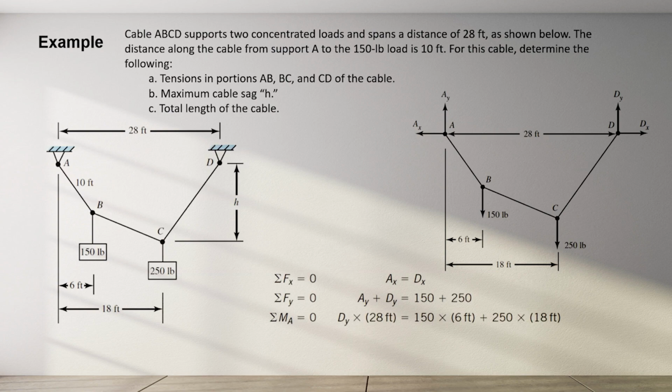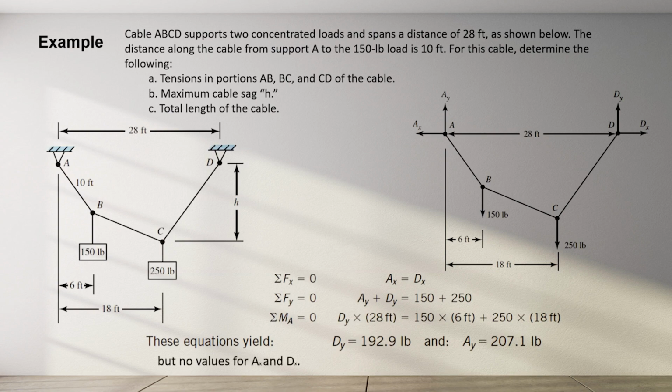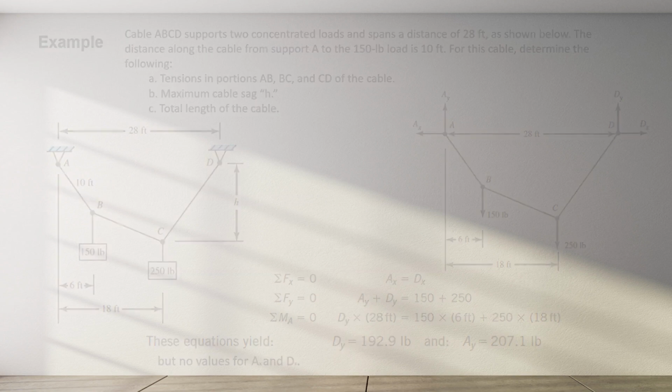By applying the equilibrium equation, the summation of forces in the x direction is equal to 0, AX will be equal to DX. By applying the summation of y forces equal to 0, and the summation of the moment about A equal to 0, we will be able to find the value for DY as 192.9 pounds and AY as 207.1 pounds, but we will not be able to find the values for AX and DX.